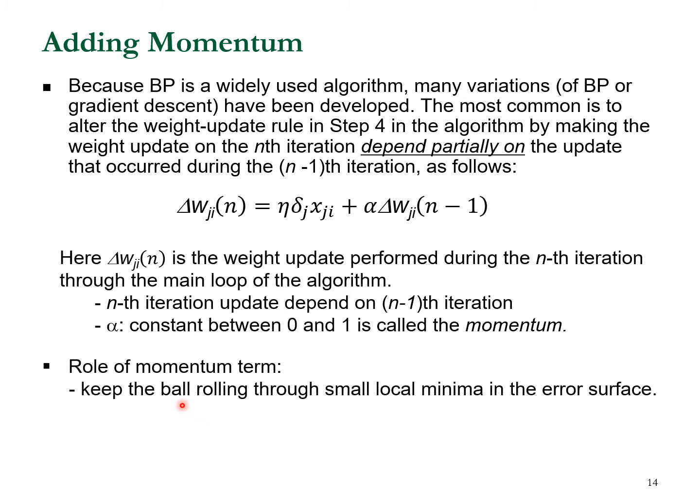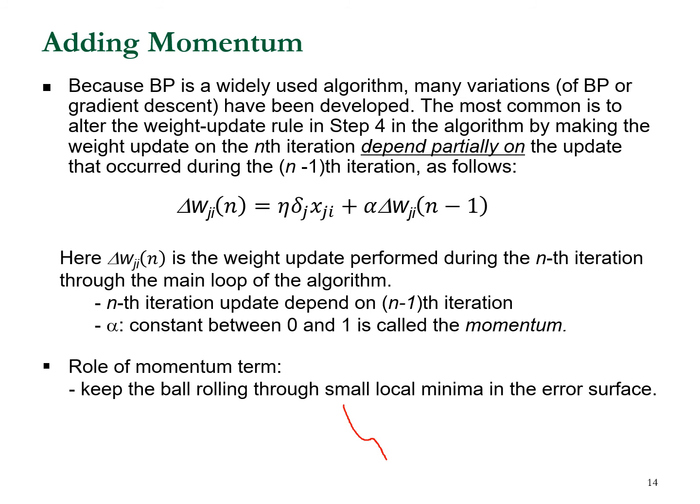By using momentum, if you have a small local minima, you are able to avoid this local minima problem. The idea is like this. Suppose the error surface has a very small dent like this. It's small, but this is definitely a local optimum.